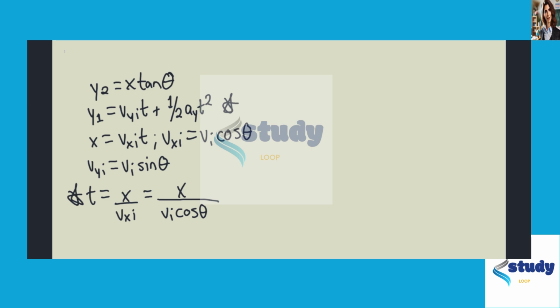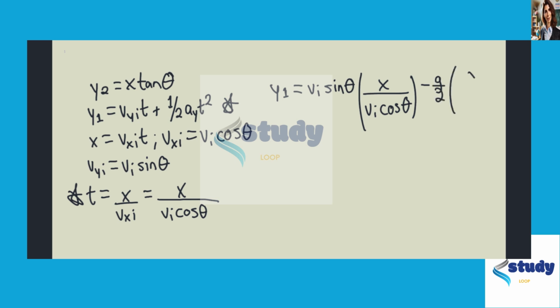So y sub 1 would be equal to v initial sine of theta times x over v initial cosine of theta, minus g over 2 times x over v initial cosine of theta, quantity squared.